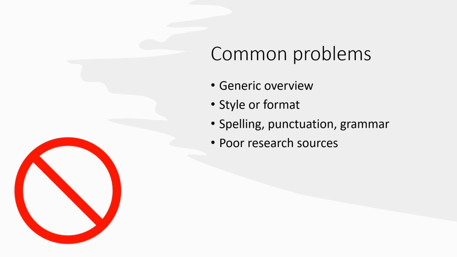It's just a generic, basic, not good enough research source for these purposes. So watch my lesson on how to do research and what is a credible and scholarly source and what is not.